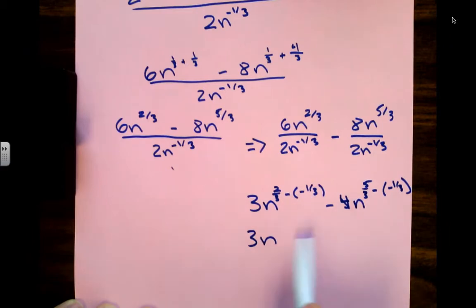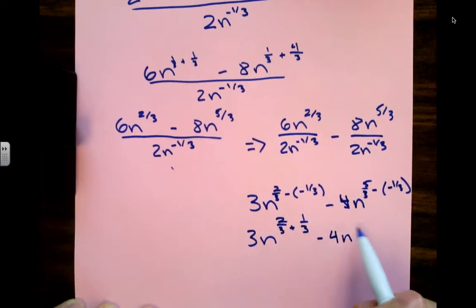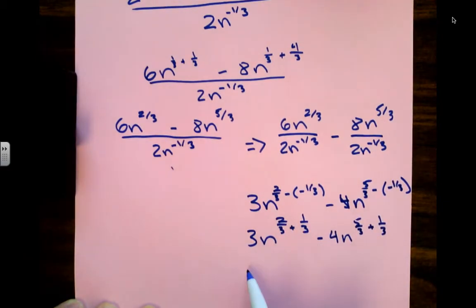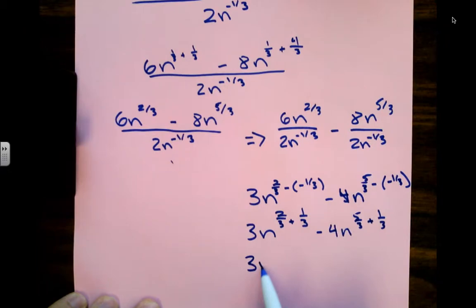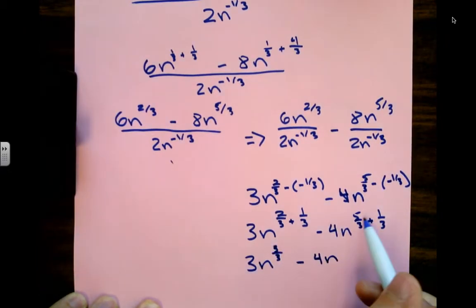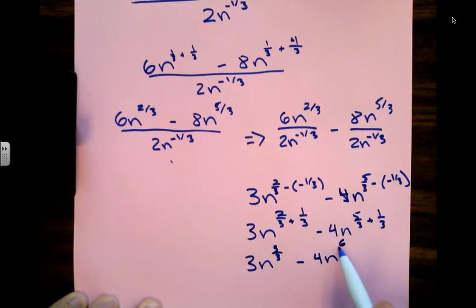2/3 minus a negative becomes plus 1/3. Same thing over here: 5 over 3 plus 1 over 3. When I add those together, I end up getting 3/3. Over here, when I add these two together, add the numerators, I get 6/3.